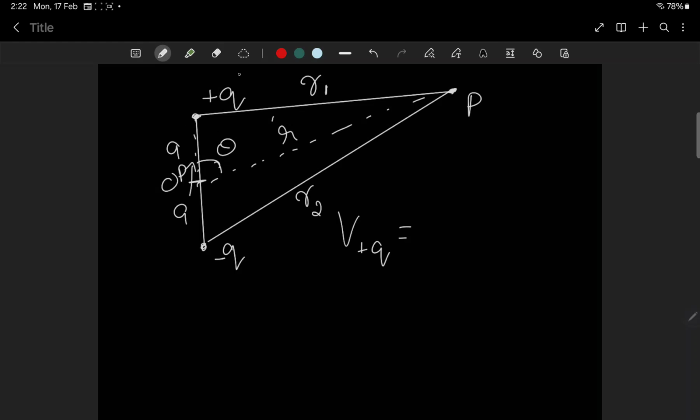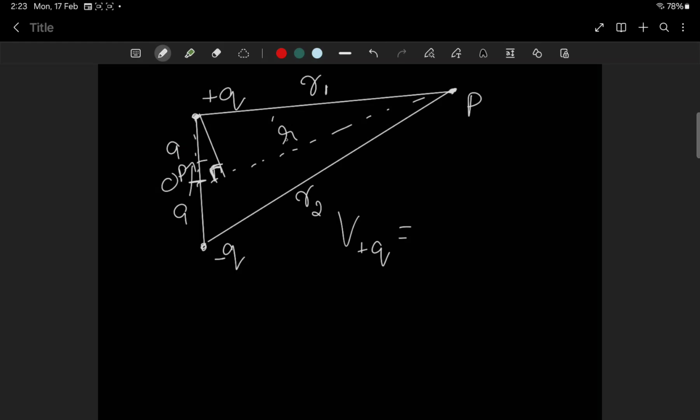Now I am going to draw a perpendicular line from here to here. Now I can find this R1 easily.